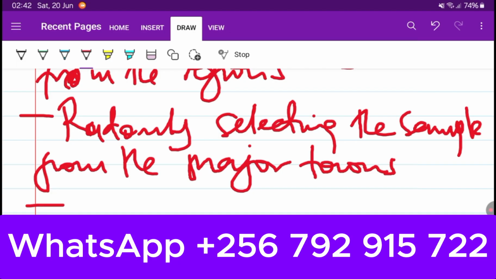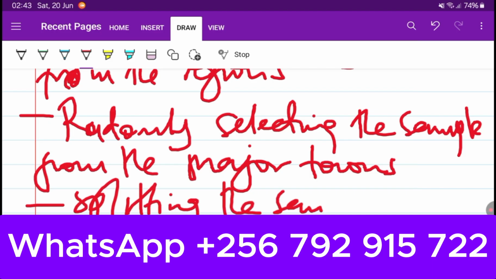Then the second last step is splitting the samples of towns, of major towns, into zones.